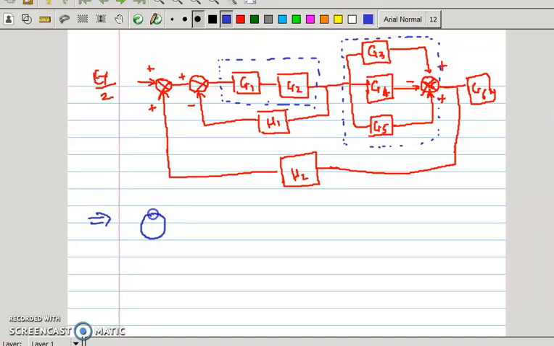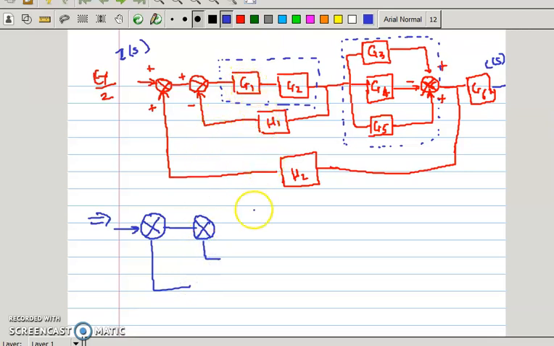See, the first mixer is as it is, and the second mixer is as it is. Here we are giving the input, that input is I of S, and the output is C of S. So both mixers are as it is. The feedbacks are also as they are.